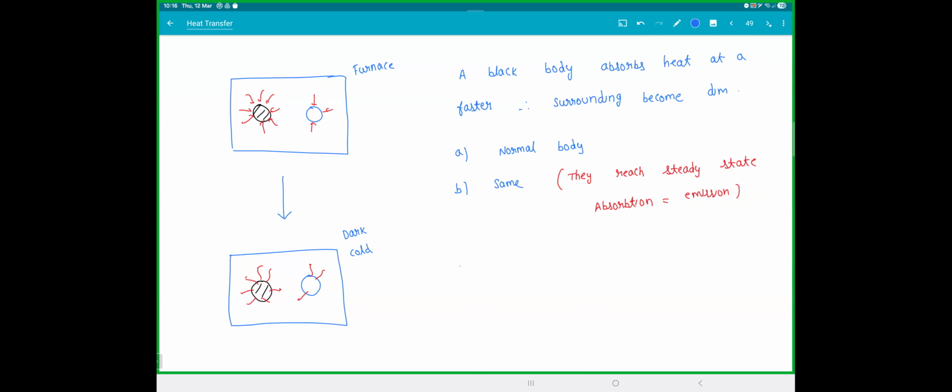So the black body will look bright. After a long time, both will cool down. Again, they will look the same. Is that making sense? If you absorb a lot of light from the surrounding, the whole surrounding will become dim. Let me show you something, how it would look.